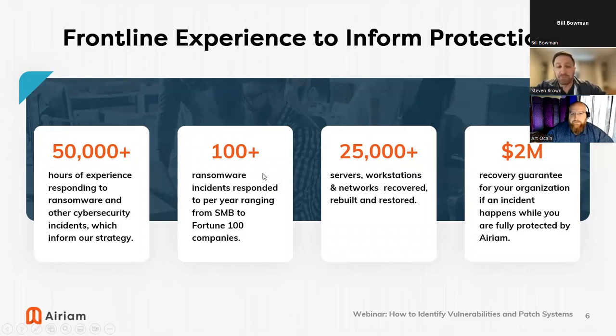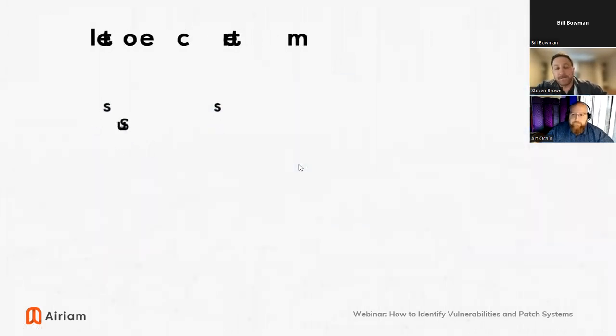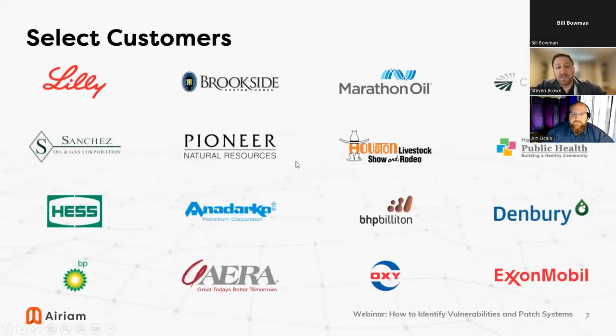The clients that we're responding to are not the clients that we're supporting from an IT and cybersecurity perspective on a proactive basis. We have a really nice customer list ranging from Fortune 500 companies down to regional small businesses.